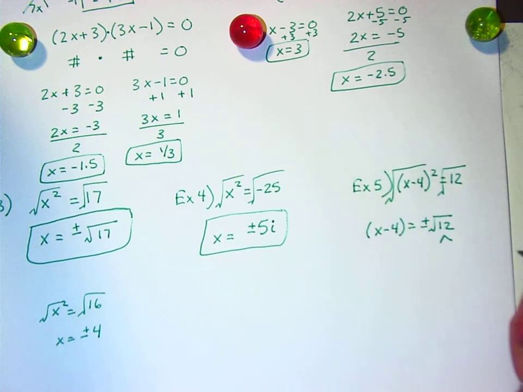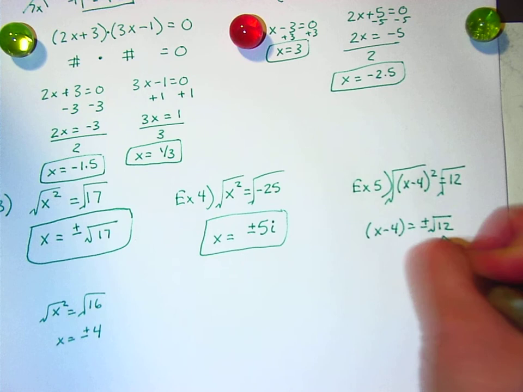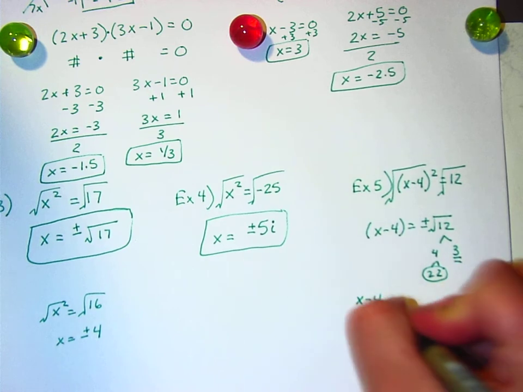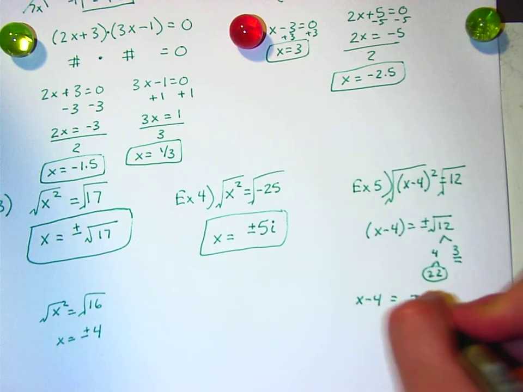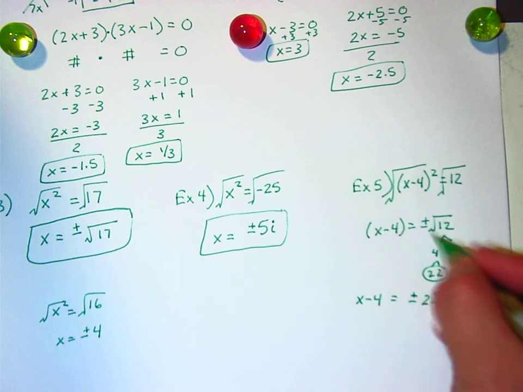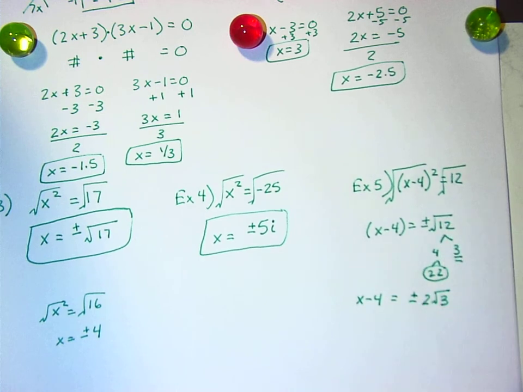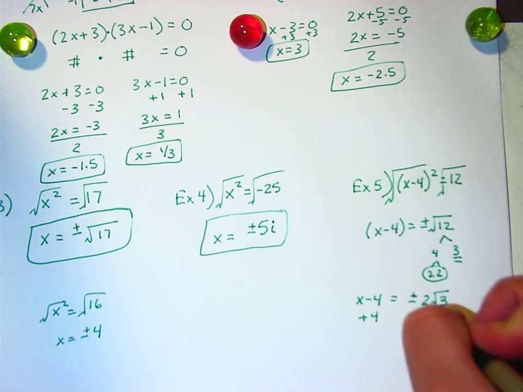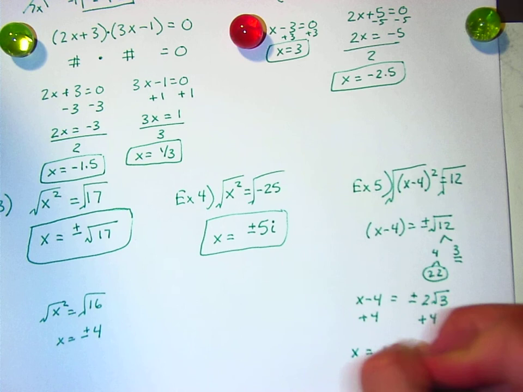But 12 can actually be broken down to 4 and 3, 2 and 2, so I know that I got a pair of 2's there and a 3 left over. So I'm going to write that out as x minus 4 equals plus or minus 2 square roots of 3. Remember how you break down 12, just like we did a couple lessons ago. See where this is all going together now. Then add 4 to both sides, so you end up with x equals 4 plus or minus 2 times the square root of 3.